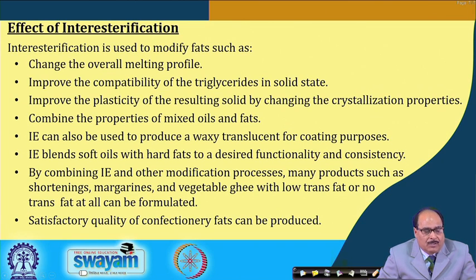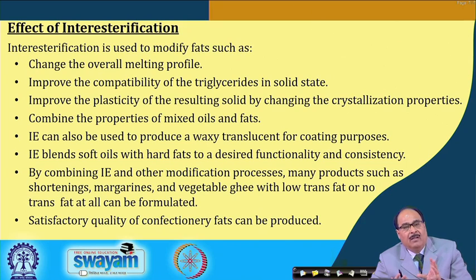Of course, interesterification changes the overall melting profile, and improves compatibility, plasticity and other characteristics. It combines the properties of mixed oils and fat. It can also be used to produce a waxy translucent fat for coating purposes.